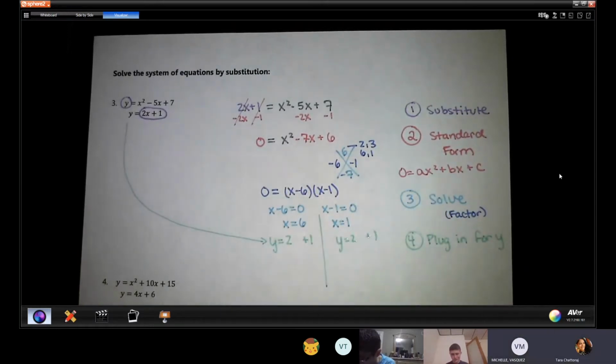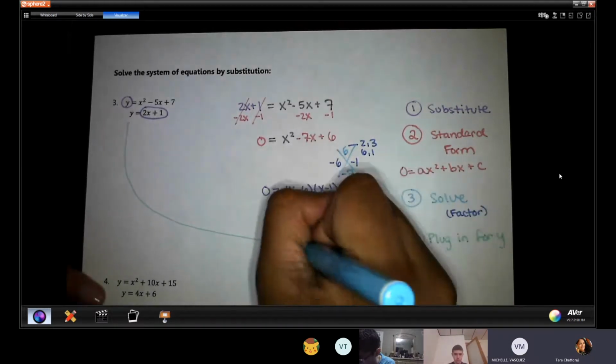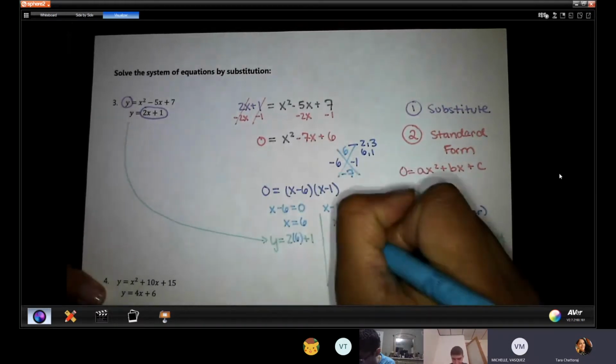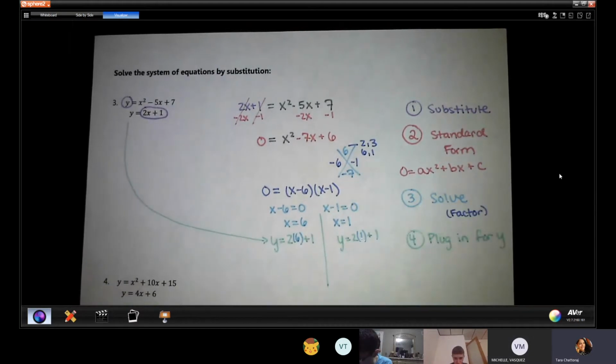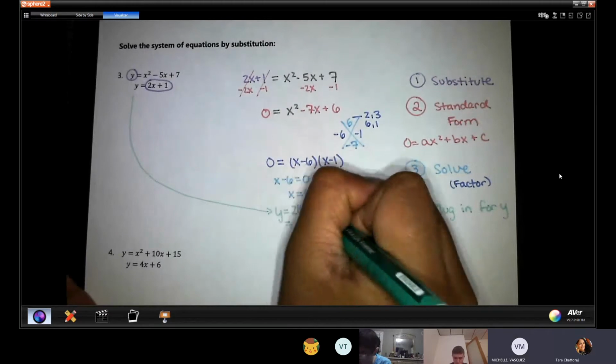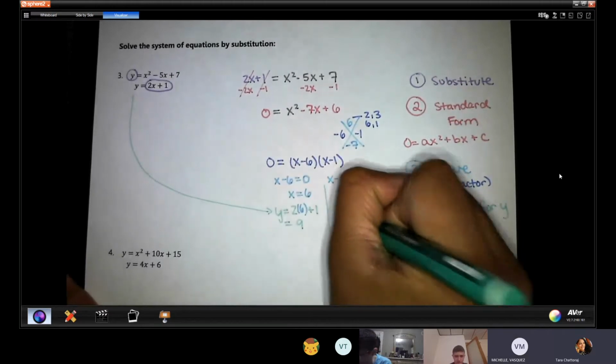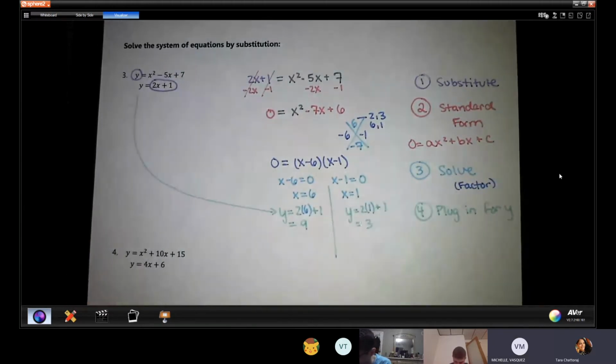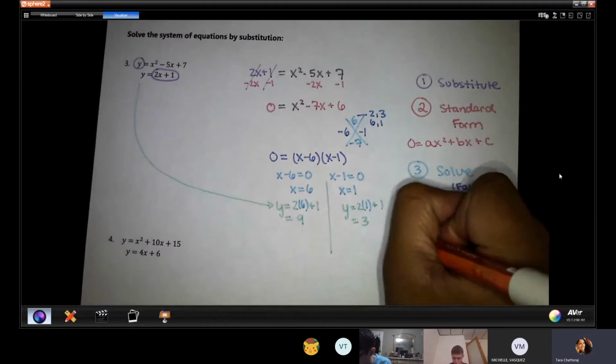All right. And then we're going to plug in our values, so in this case, 6 and 1. All right. So we're left with y equals 8 plus 1 is 9, and y equals 3. And then what's our last step? Ordered pair. Ordered pair, exactly.